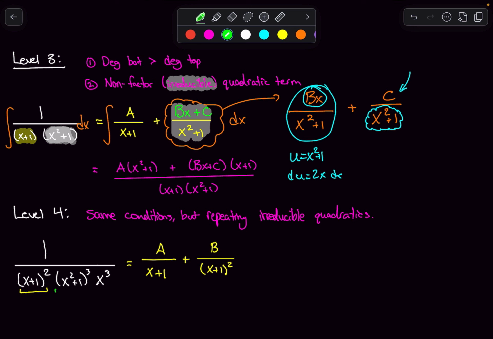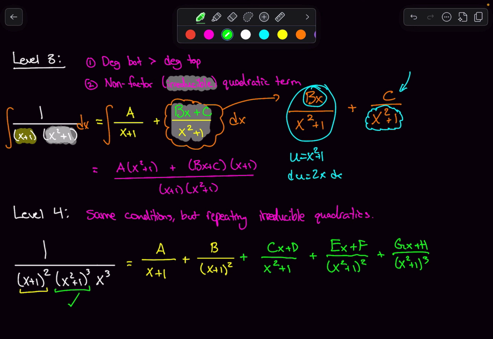Now here, we're going to start off with cx plus d over x squared plus 1, what we just learned from level 3. But you guessed it, we have to keep going: ex plus f over x squared plus 1 squared, and we've got to do a third one, right? gx plus h over x squared plus 1 cubed.